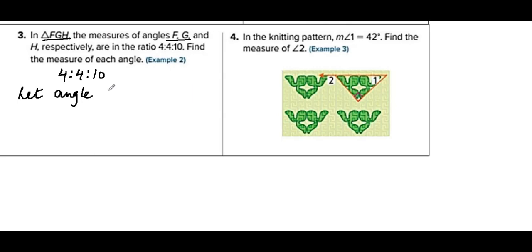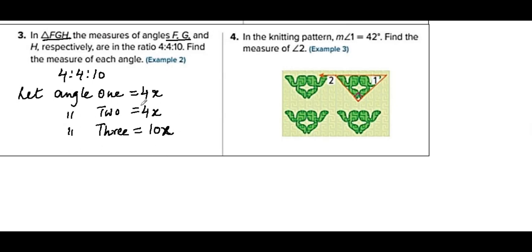angle 1 is 4x, angle 2 is 4x, and angle 3 is 10x, the third angle. So now you know the sum of all the angles.